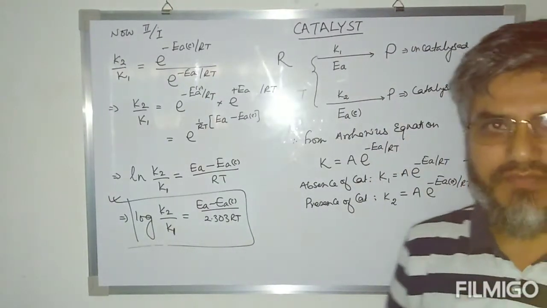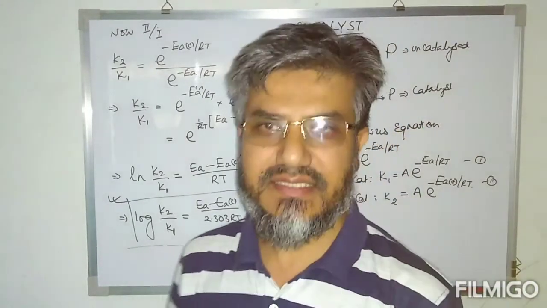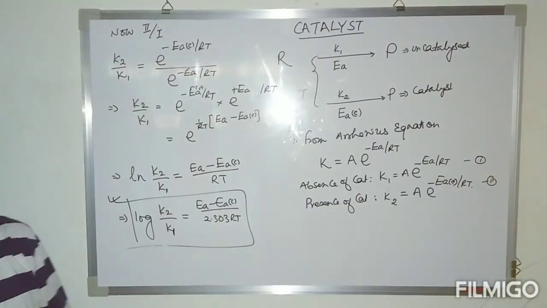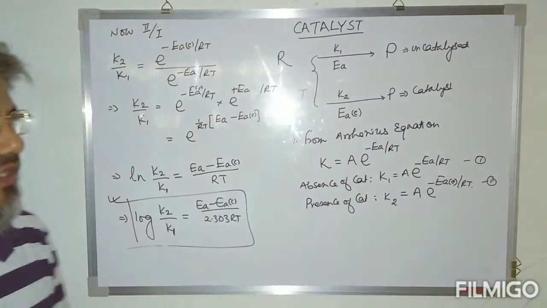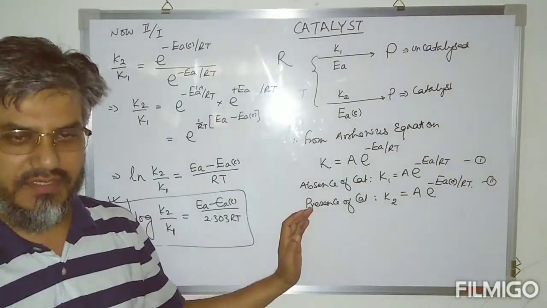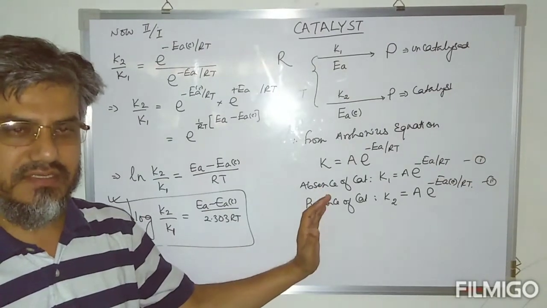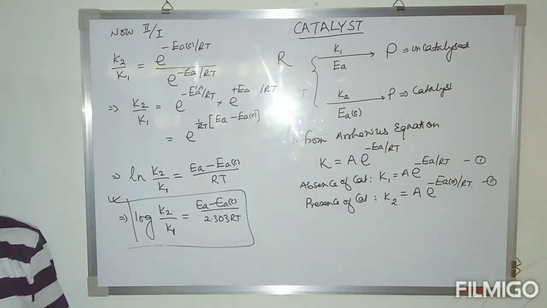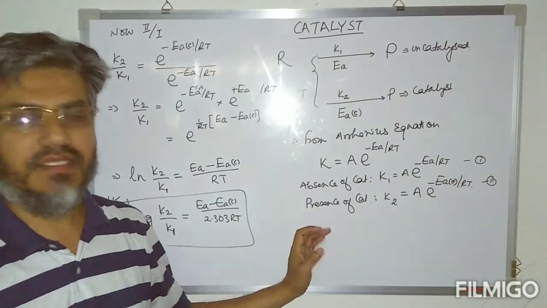So a positive catalyst, which increases the rate of reaction, decreases the activation energy of the reaction. If the activation energy is decreased, the rate of reaction is increased. On the other hand, a negative catalyst increases the activation energy of the reaction. If the activation energy is increased, the rate of reaction is decreased.